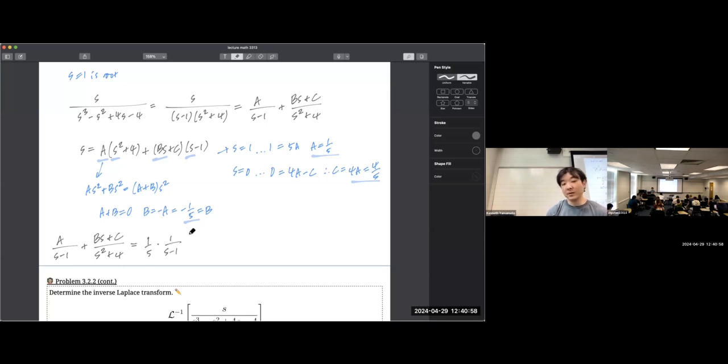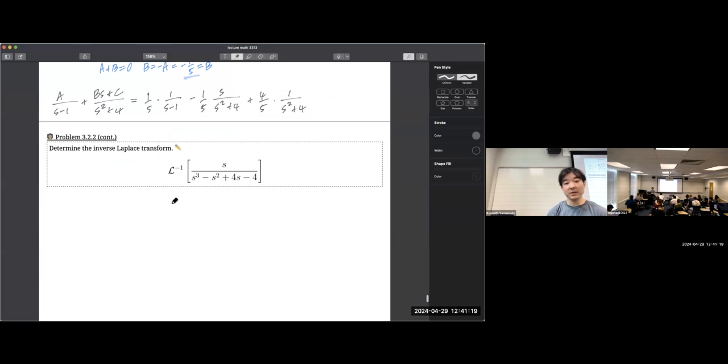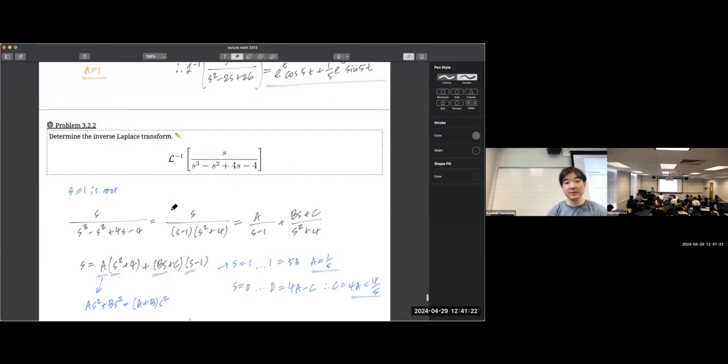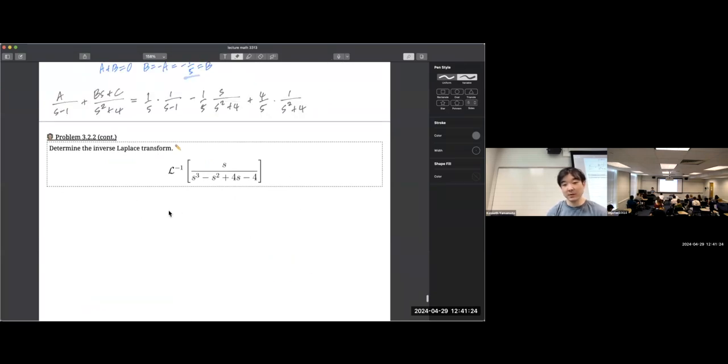I'm going to split this into two fractions, so it's going to be negative 1/5 times s over s squared plus 4. And then this c is going to be 4/5 times 1 over s squared plus 4. Okay, so you have all these little pieces now. And then we just take the inverse Laplace transform. I think this is the same because I have two pages of this just because I thought I'd need more space.